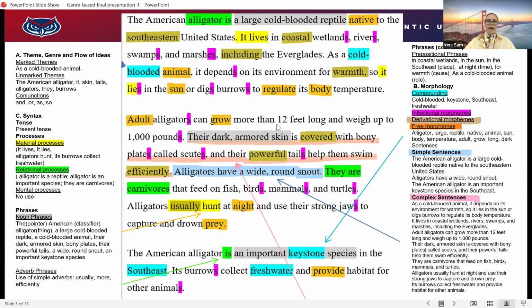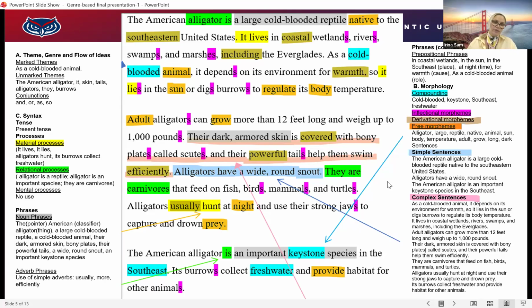For morphology, I analyzed different types of morphemes. For example, compound words include cold-blooded, highlighted in blue, keystone, southeast, and freshwater. Inflectional morphemes marked with hot pink appear in endings like s and es, as in marshes, leaves, alligators, burrows, pounds, and you can see there are a lot of those inflectional morphemes here in the text.